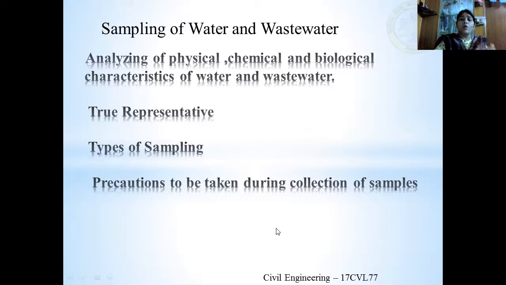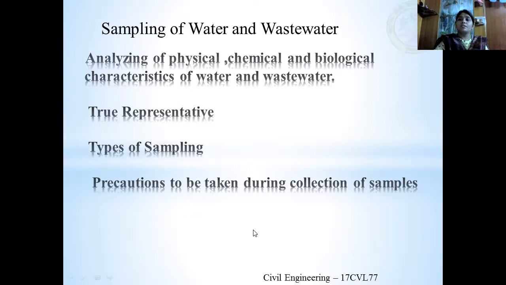So we should know all the standards and the permissible limits given by the Bureau of Indian Standards, and we have to maintain the characters, the parameters of this water. The quality has to be maintained. It has to be within the permissible limit when it is used for domestic water supply or even when the wastewater is going to be discharged into any water source.